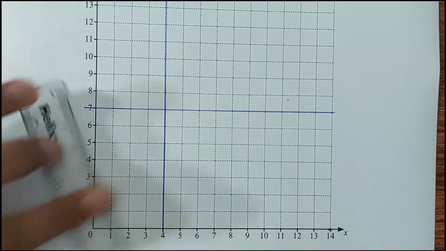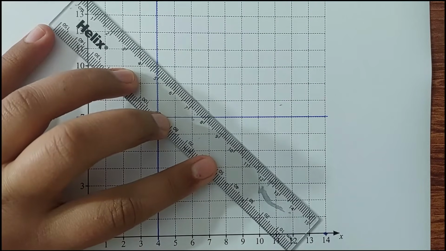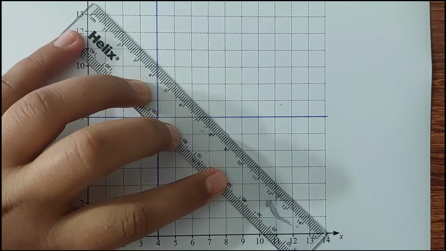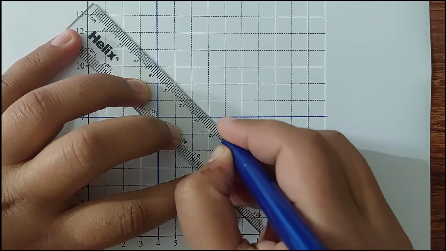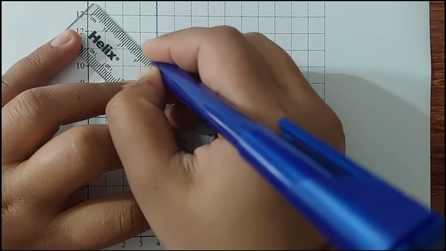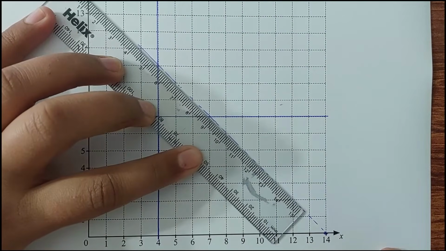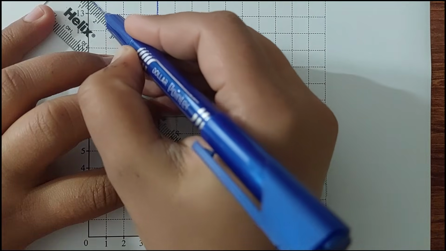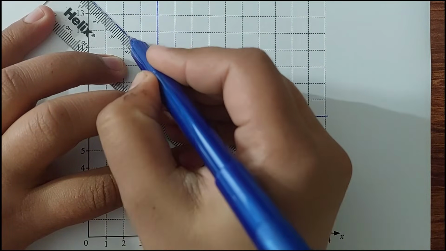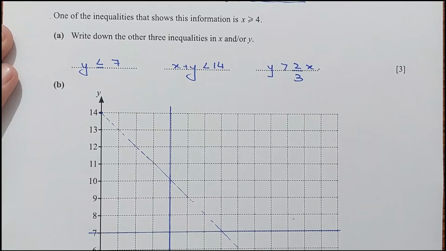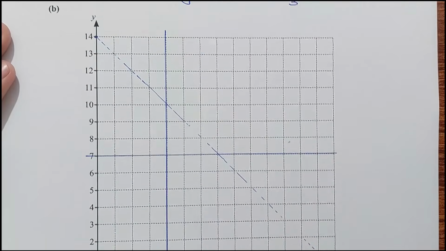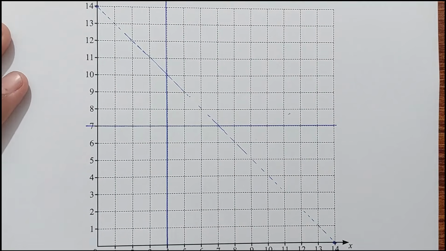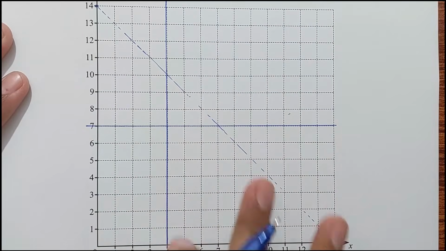It should be a dotted line because there is no equality here. Now the inequality says x plus y is less than 14, so this portion is less than 14. Now you can see all three inequalities. This would be the region R, right?